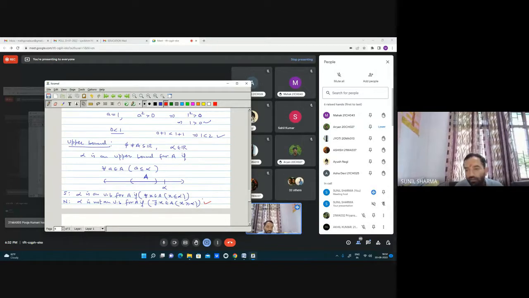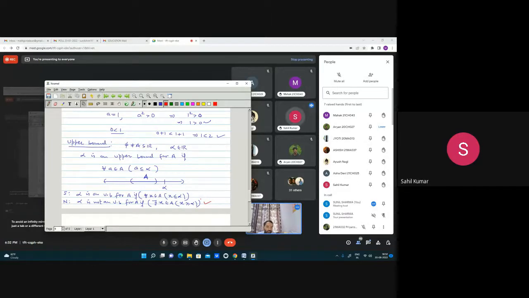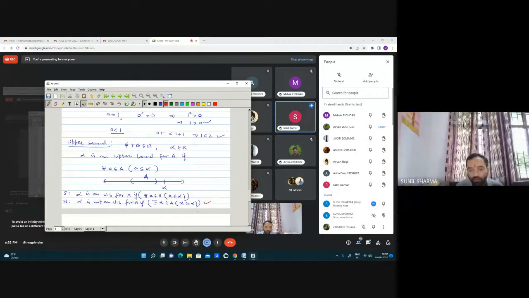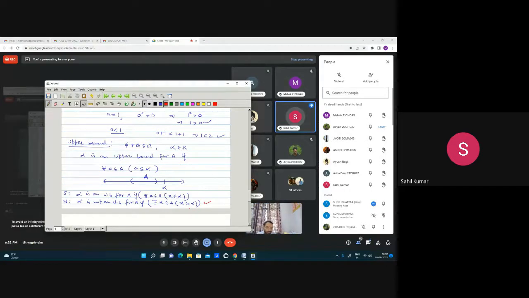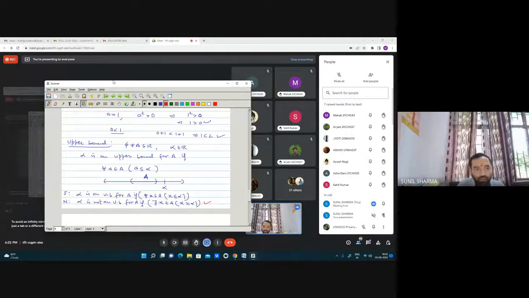Is the negation correct or not? Yes, Sahil? Sir, not correct. If x is equal to alpha, then it becomes an upper bound. So x is greater than alpha. Not less than or equal to means x is greater than alpha.